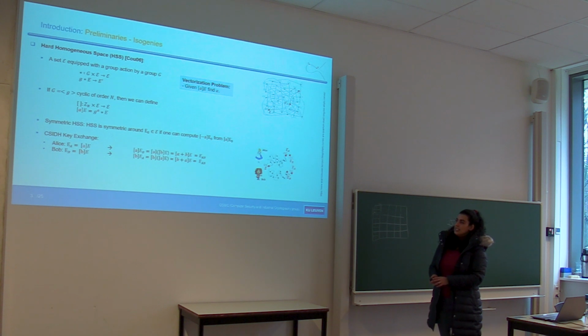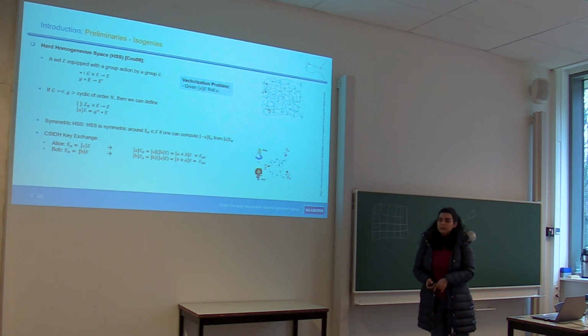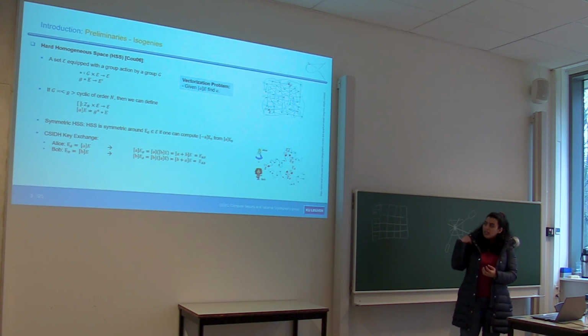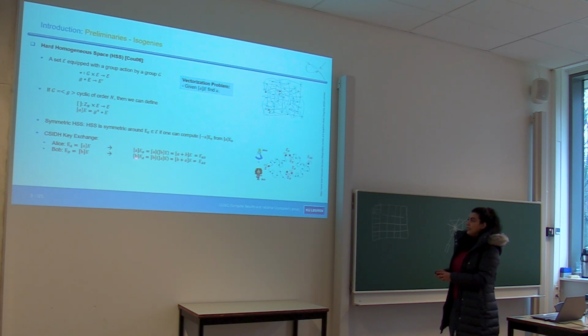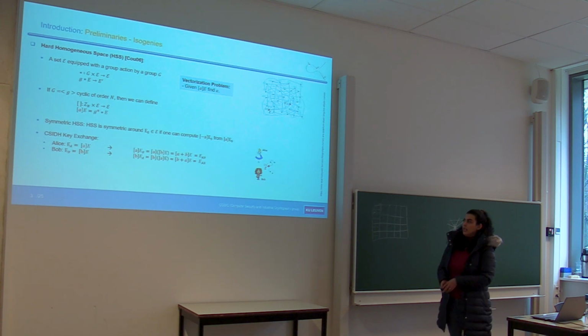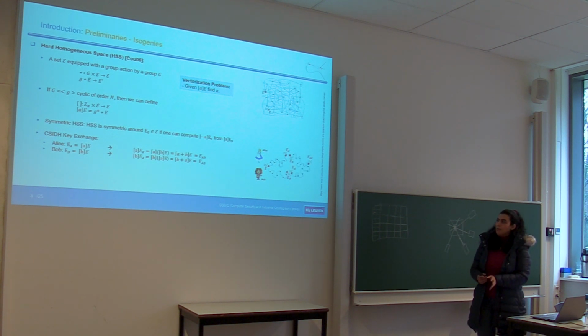Then Alice sends this E_A to Bob, and Bob can apply his secret on the new curve E_A, and the result would be [b+a]E, or [a+b]E. This means that both parties, Alice and Bob, now have the same key.